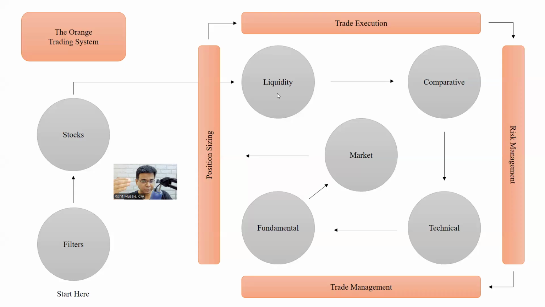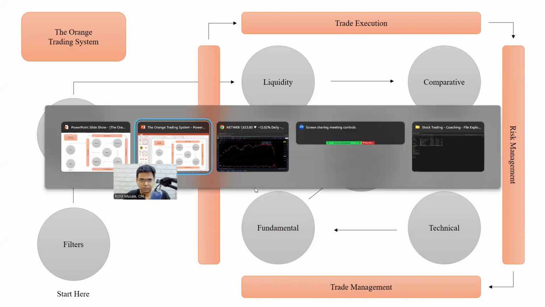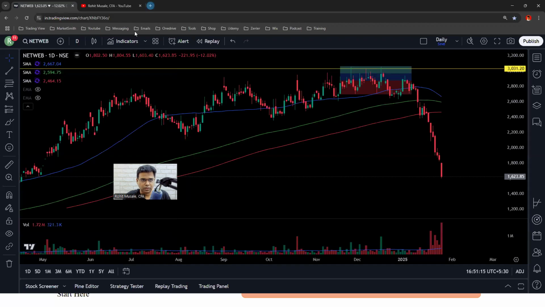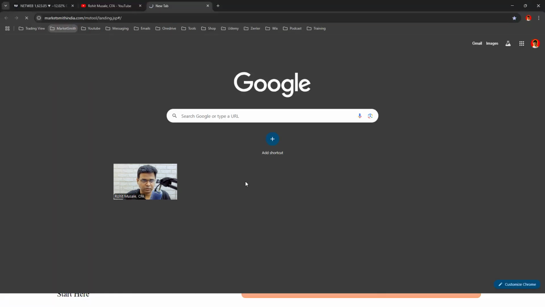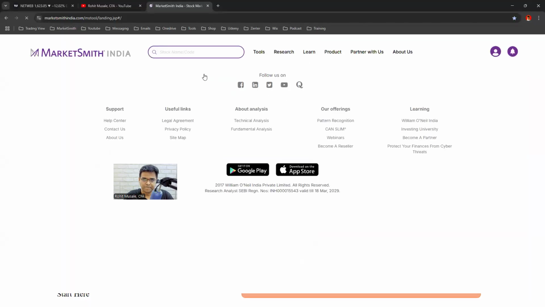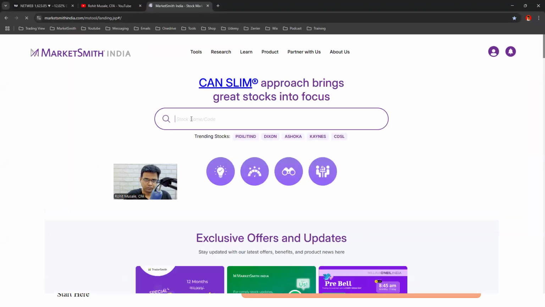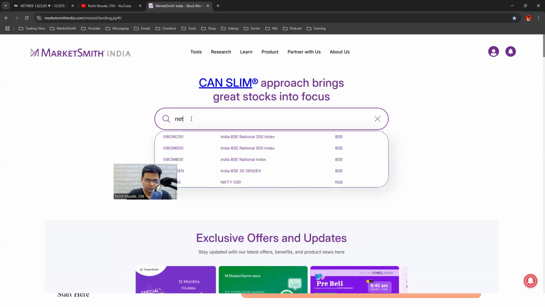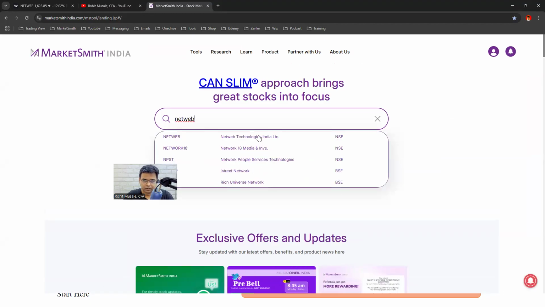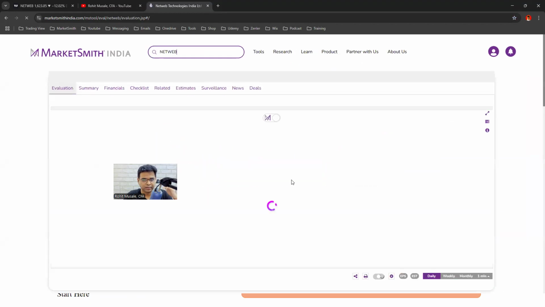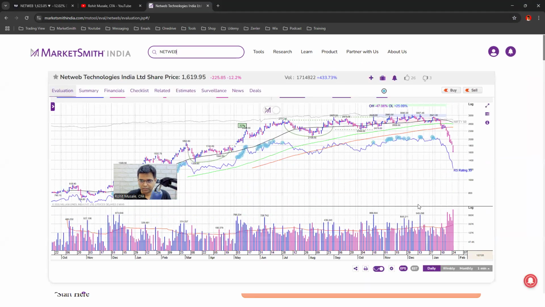And why was I interested in the stock in the first place? Because if you look at Market Smith, let's go to Market Smith and let's look at the numbers of the stock. So I write here NetWeb Technology. So I was looking at it around middle of September. So have a look at this.